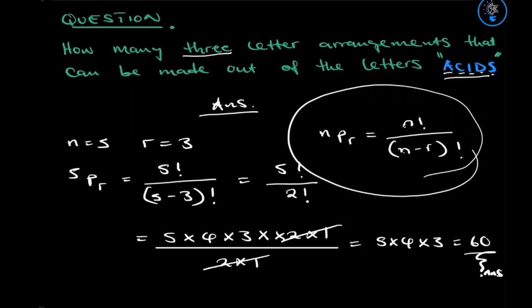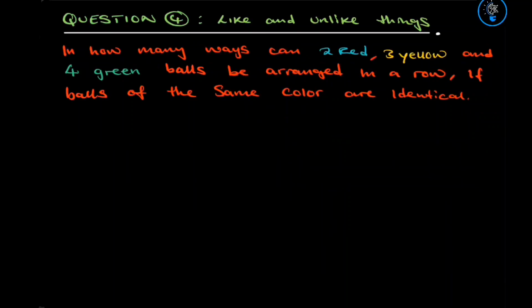Okay, let's now deal with something a little bit different. Now we have another question, which reads: in how many ways can 2 red, 3 yellow, and 4 green balls be arranged in a row if balls of the same color are identical? So in this question, the keywords are balls of the same color are identical. And the other keyword is row. So we are dealing with something that is arranged in a straight line.